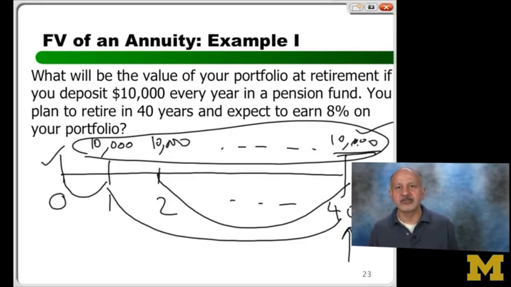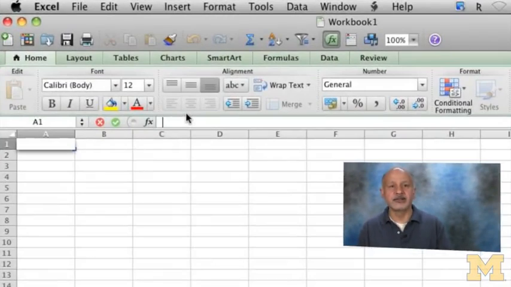So what I'm going to do now is shift to using a calculator. If you notice, I'm on the top panel and I'm going to use the formula of PMT.